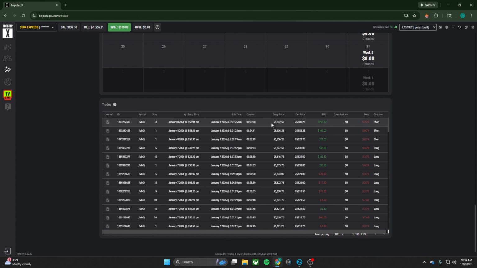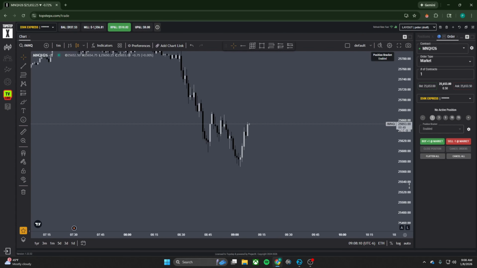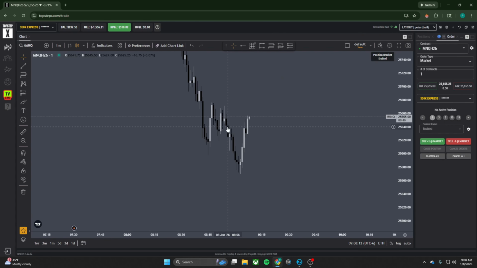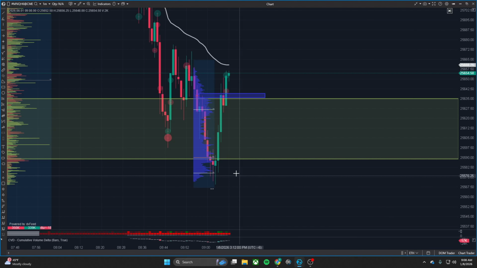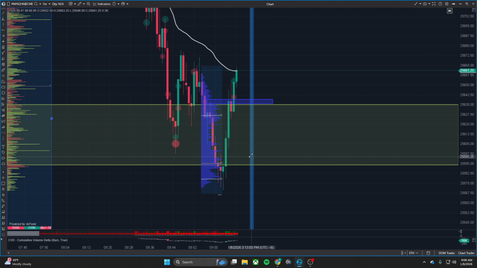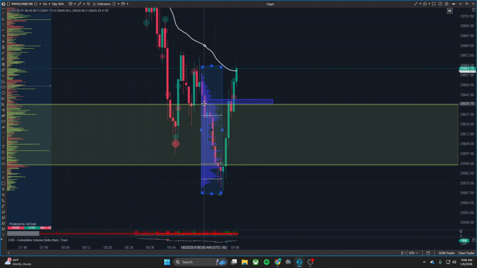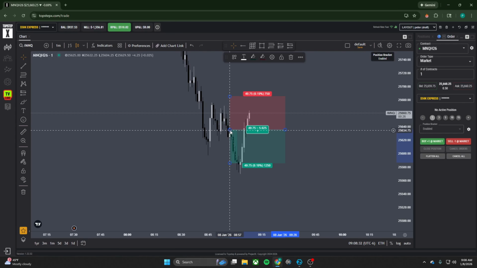Oh wait, and then we got 3 positions at 632.50. So we'll probably go somewhere in the middle. I know we had stops above a sell bubble. It was this one here at 856. We hit our stops here.